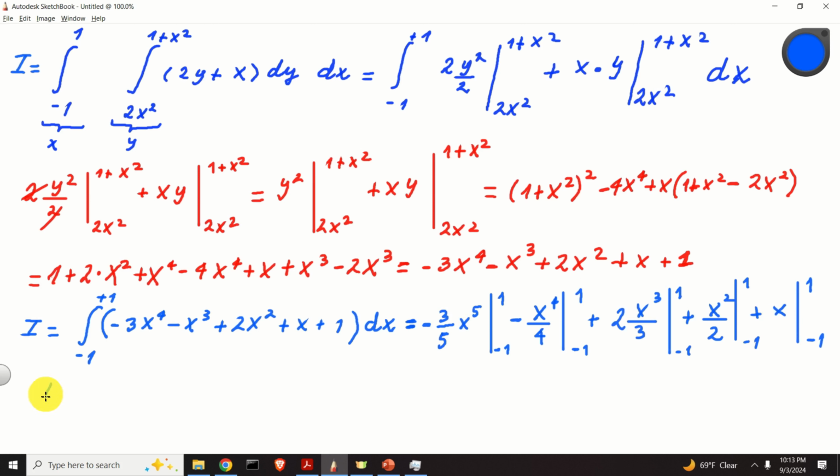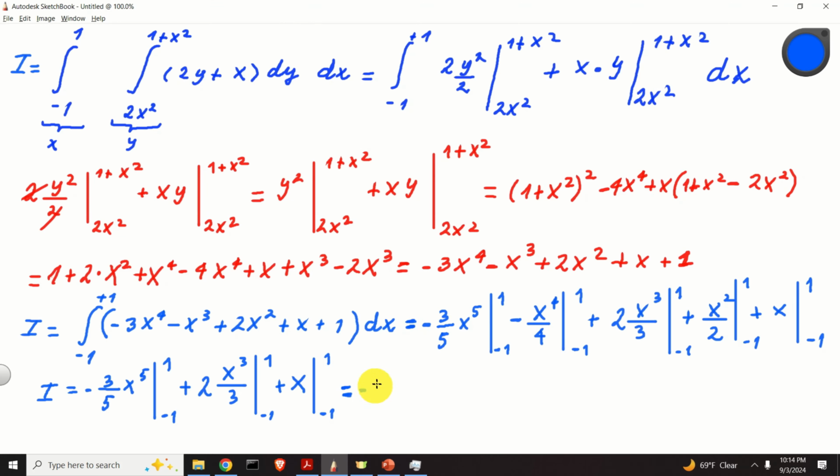So let's write over here. Our integral becomes minus 3 over 5 x to the power 5 with the bounds that are from minus 1 to 1. Then we have this term plus 2x to the power 3 over 3 with the bounds from minus 1 to 1, and we are left with this third term plus x with the bounds from minus 1 to 1. And let's substitute these bounds.